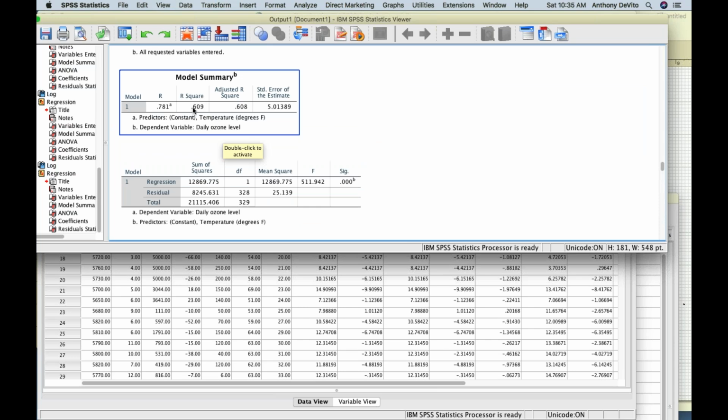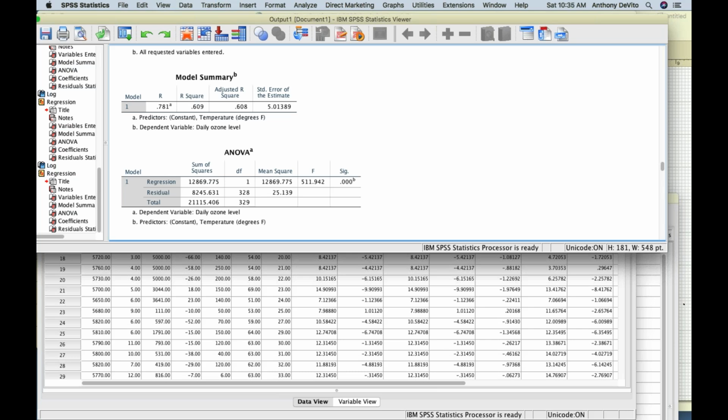So I think now it's a good time to mention that this R squared value, 0.61, means that 60%, 61% of the variability in the ozone number is predicted by the temperature. So 61% of the variability in our outdoor ozone level can be predicted by the change in temperature.